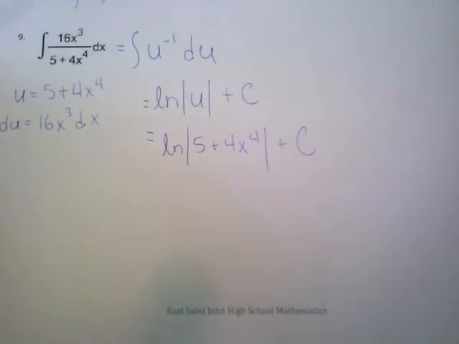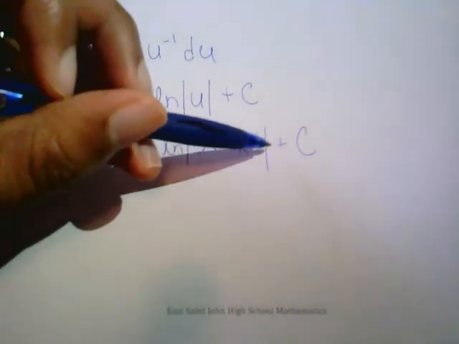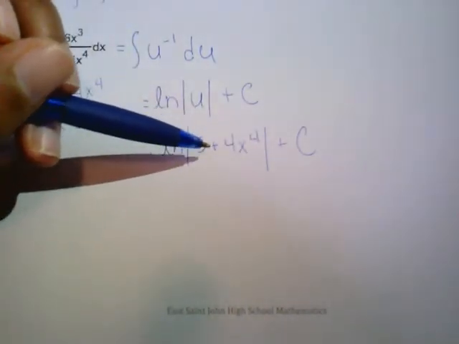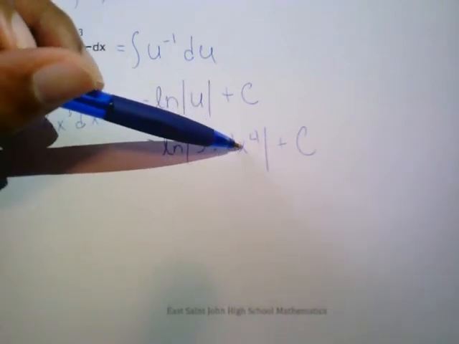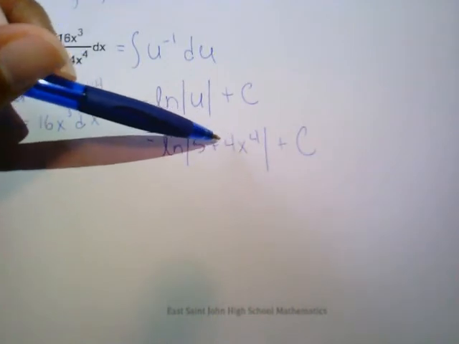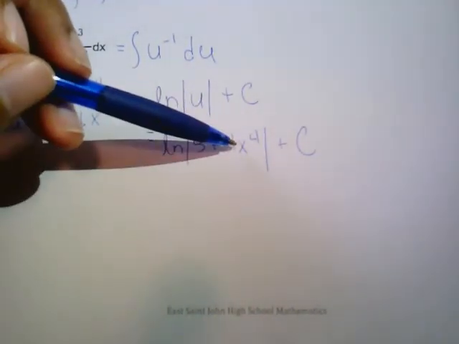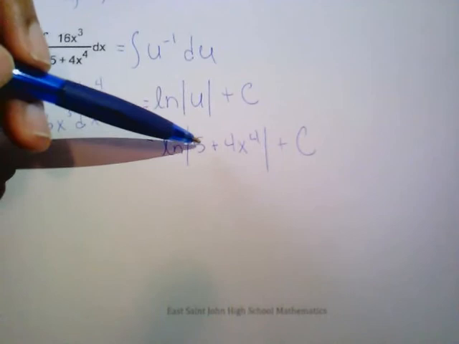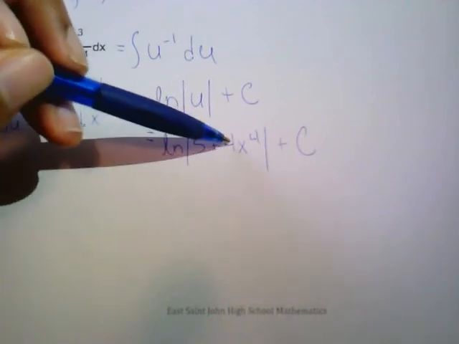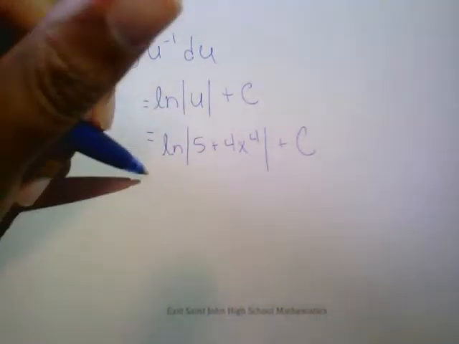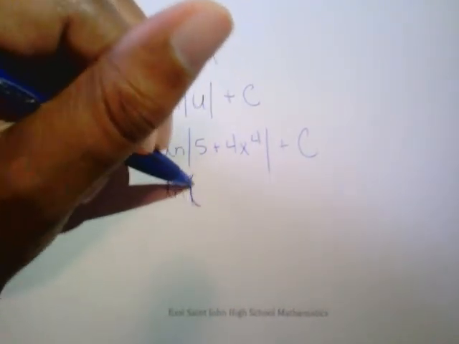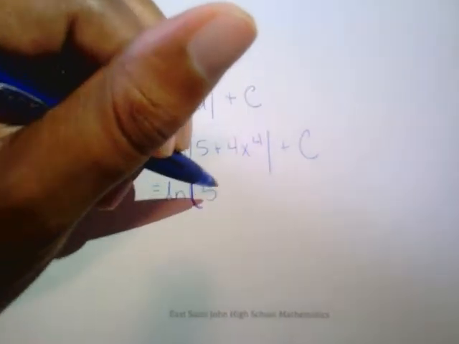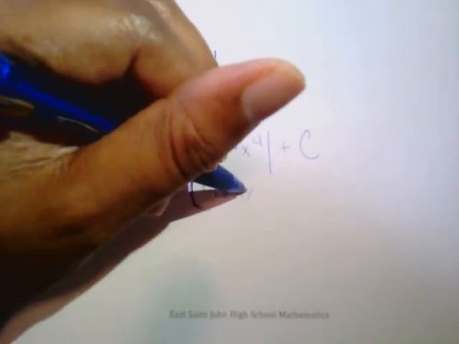And in this case, we don't need the absolute values because 4x to the fourth power will always be positive anyway. No matter what you plug into it, it's always going to give you a positive value. Or even if you plug in 0, it will just be 0, but you're still adding 5 to whatever this value is either way. So this is the same as ln, and we don't need the absolute value. We can just use normal parentheses: ln(5 plus 4x to the fourth power) plus c.